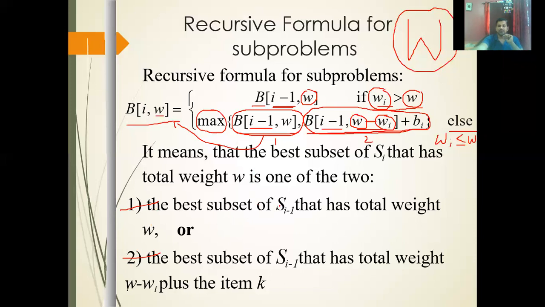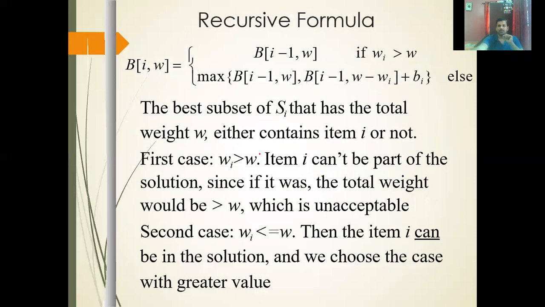The best subset of S of I minus 1, this first part, that has total weight W minus Wi plus the item K. If you know this recursive formula, it is the same thing over here.